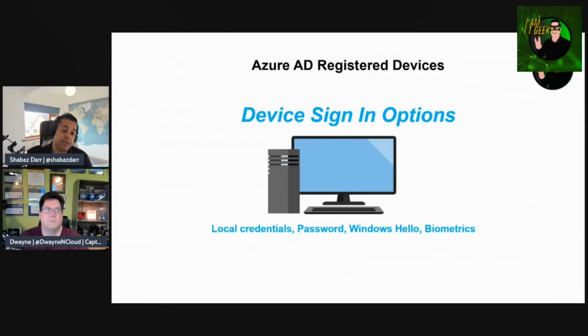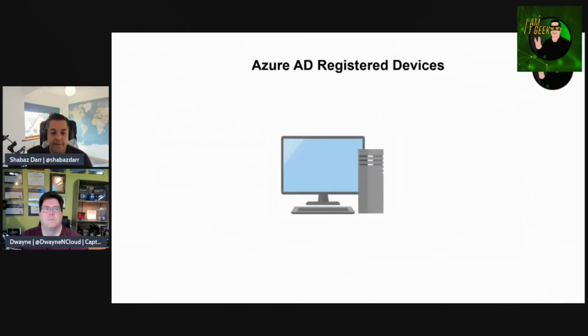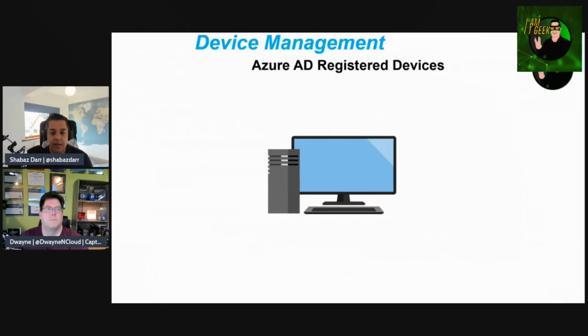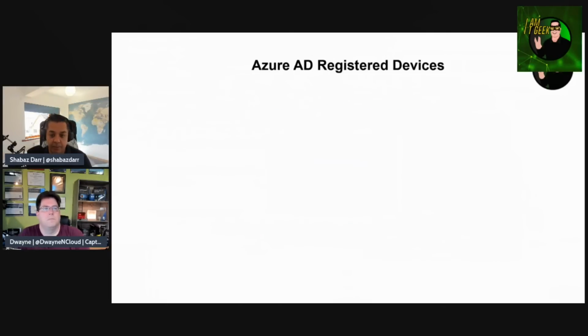As I mentioned, you can have local credentials, a password, Windows Hello, or biometric, so that's face recognition or your finger. Now let's talk about device management quickly. MDM, for example, Intune. You can manage personal devices, BYOD devices, Azure AD registered devices, different name for it, I suppose. Manage all that through Intune or a type of MDM platform.